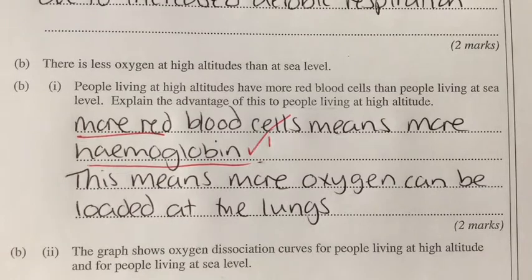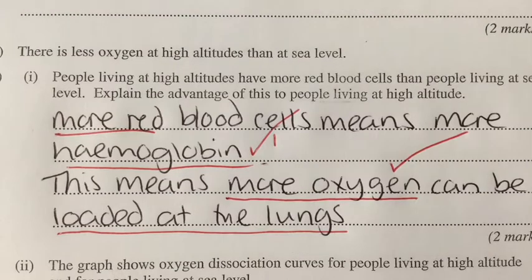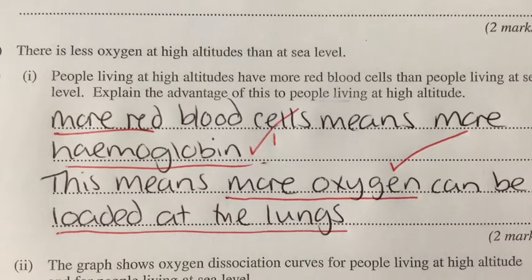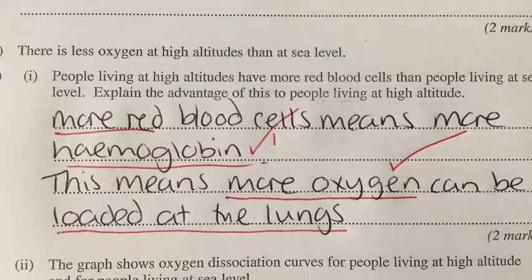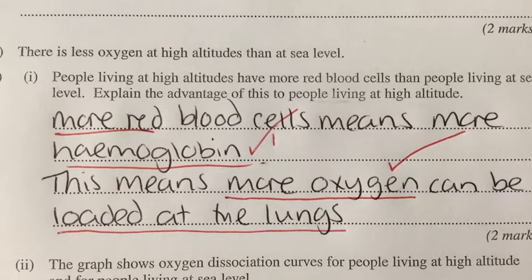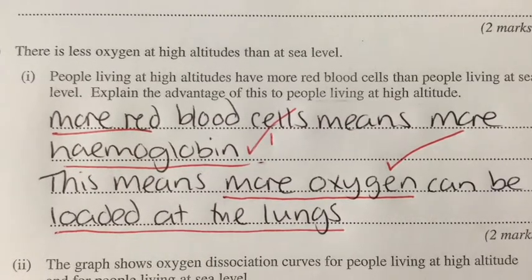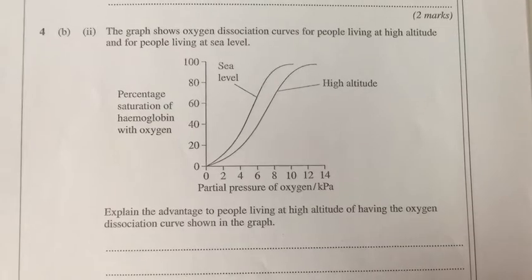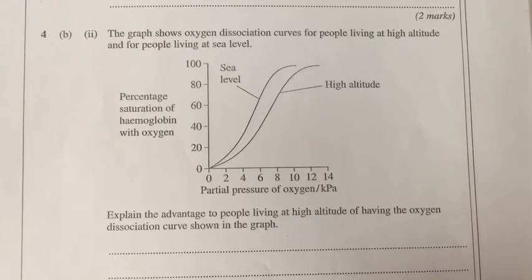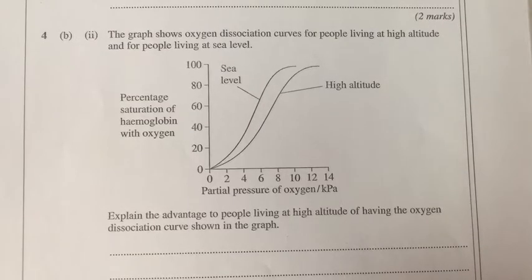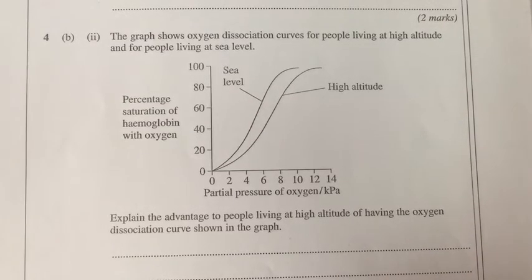And this means that more oxygen can be loaded at the lungs. In the examiner's report, they wouldn't accept you saying that this means more oxygen can be transported around the body. And I guess this is because if there was a higher partial pressure of oxygen, more oxygen would be able to be transported around the body. The fact that we've got more red blood cells just means that we can load more oxygen at the lungs.